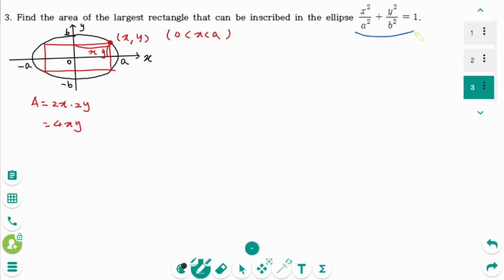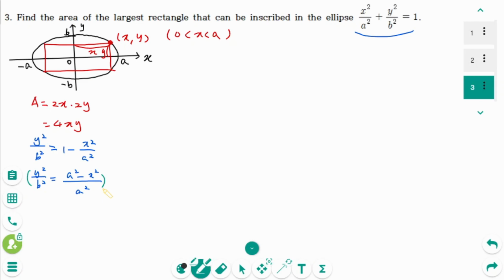So from here, y squared over b squared equals 1 minus x squared over a squared. Then y squared over b squared equals, making a single fraction, a squared minus x squared over a squared.